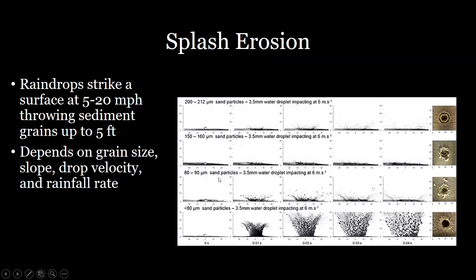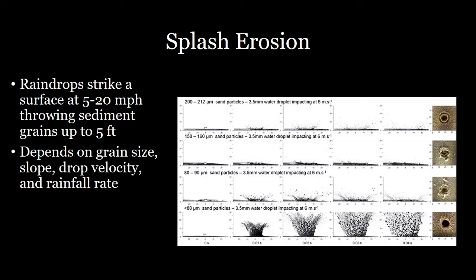The amount of erosion that results from splash erosion depends on a few different factors, one of them being the grain size. The smaller the grain size, the more easily that splash can transport that material. Also, the slope that grain is located on is a major factor.